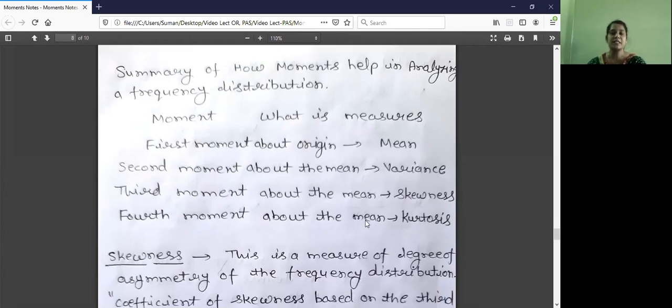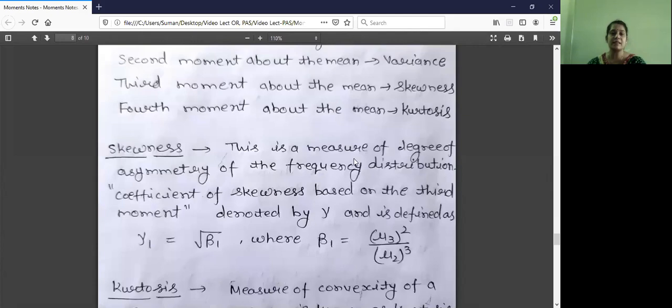So, what is skewness? Skewness is a measure of the degree of asymmetry of the frequency distribution. The coefficient of skewness is based on the third moment. The third moment about the mean is skewness.